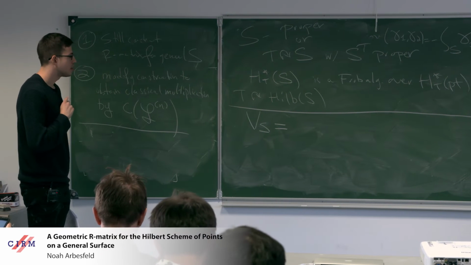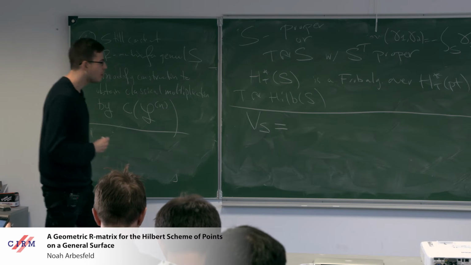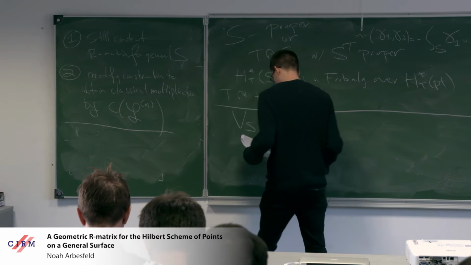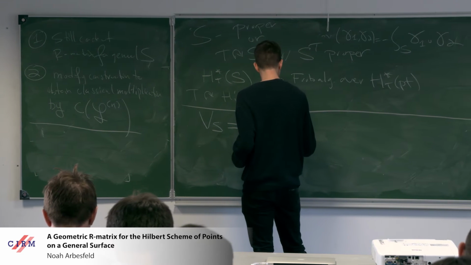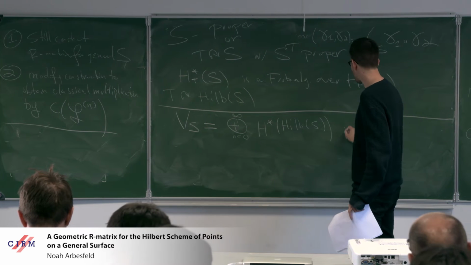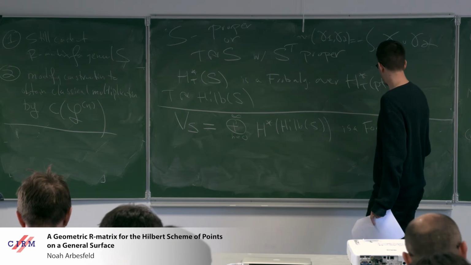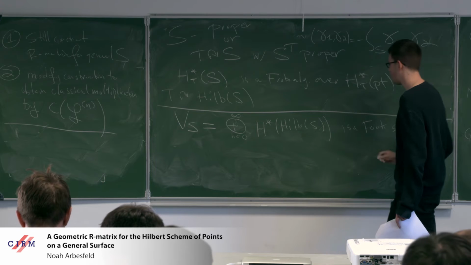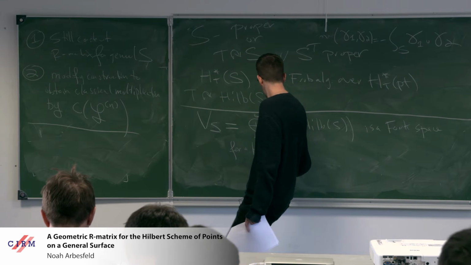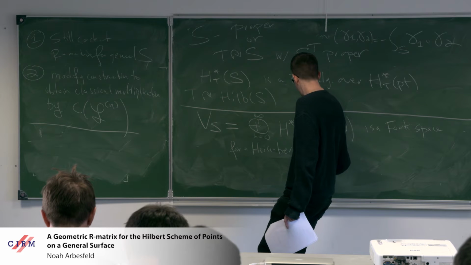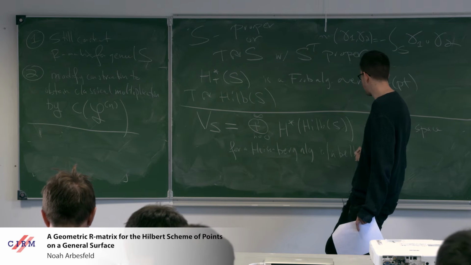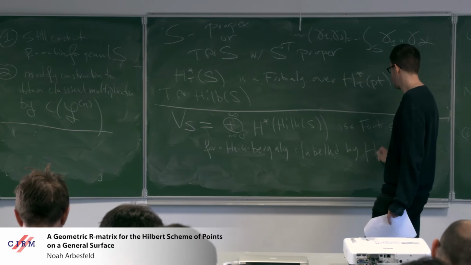And so if, as I did before, I group all the cohomology of Hilbert schemes, what I get is a Fock space for a Heisenberg algebra whose generators are labeled by elements of the cohomology of my surface.